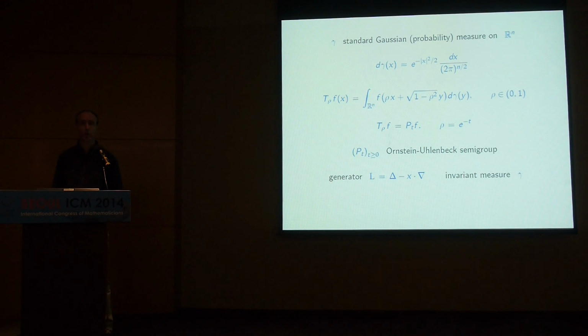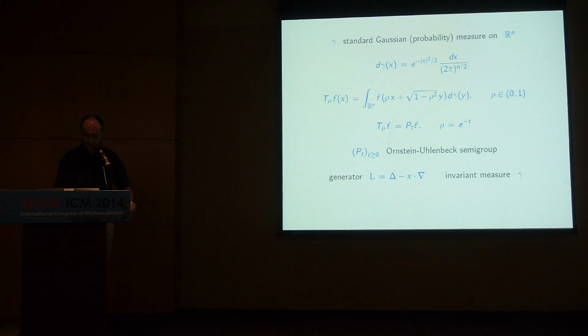So gamma is a standard Gaussian measure, and T rho or P_t, through this relation here, is the Ornstein-Uhlenbeck semigroup, which is the semigroup with generator the Ornstein-Uhlenbeck operator associated with the quadratic potential of the standard Gaussian measure. And for this Ornstein-Uhlenbeck semigroup, you have this integral representation, which is very similar to the one that we had for the standard heat semigroup on R.